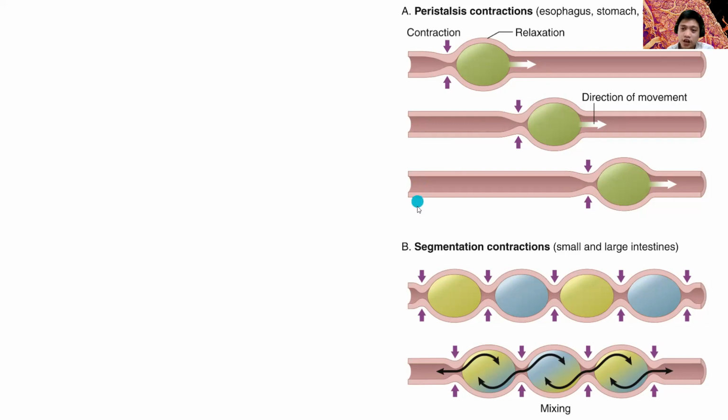Okay, and another type of movement which you will see in the gastrointestinal tract, particularly in the small and the large intestines, would be your segmentation contractions. So you have to understand that in the mouth, you have mechanical comminution or decrease in particle size of the food by virtue of the jaw muscles and the teeth.